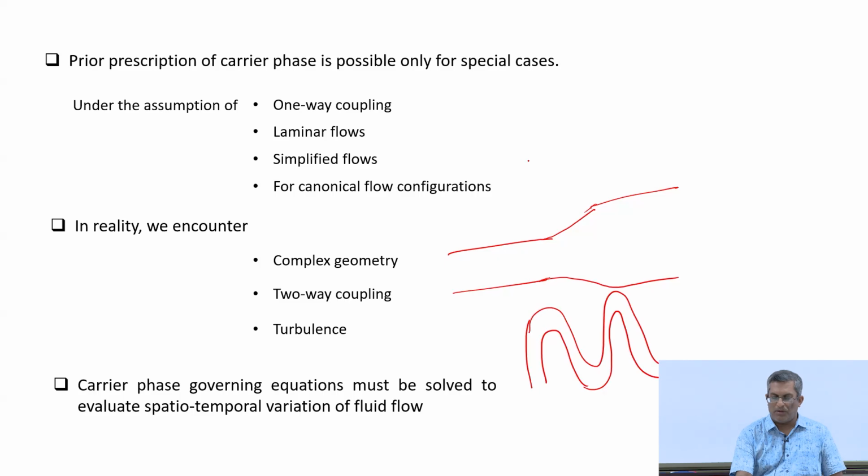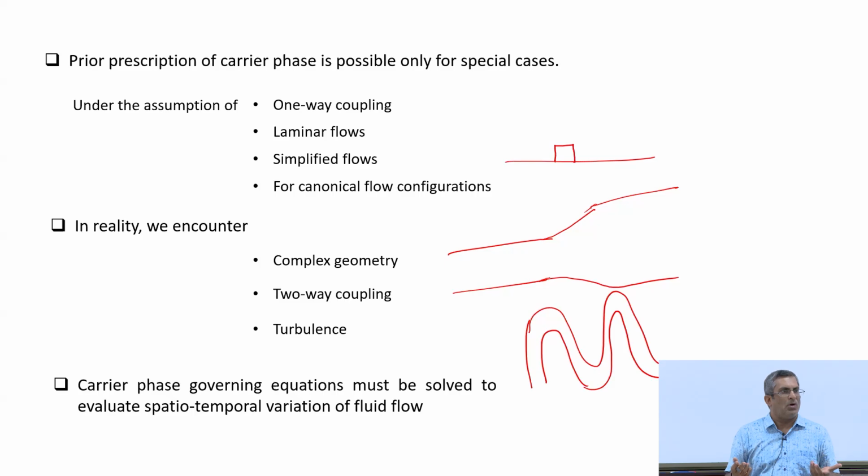Now let's say you have flow over a flat plate, that we know we can solve for laminar flow. Now let's say there is some wedge or some protrusion here. Then what to do? All these are common in engineering applications as well as natural applications.